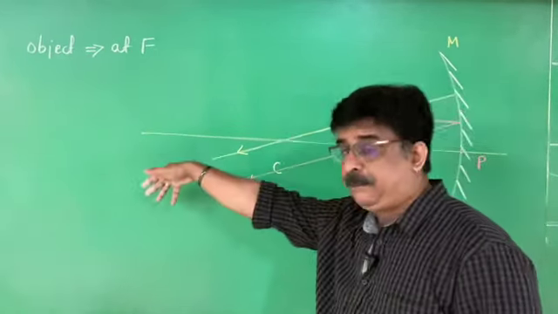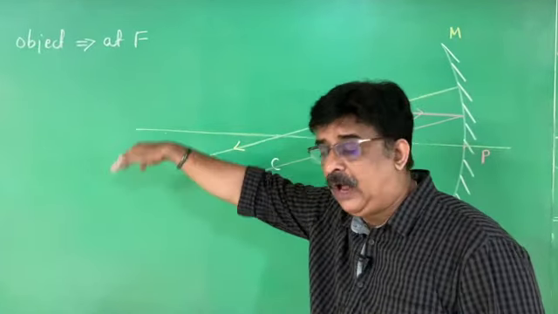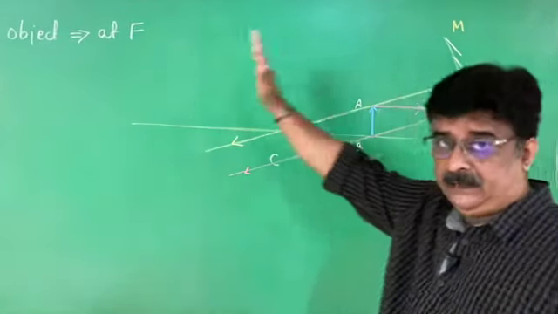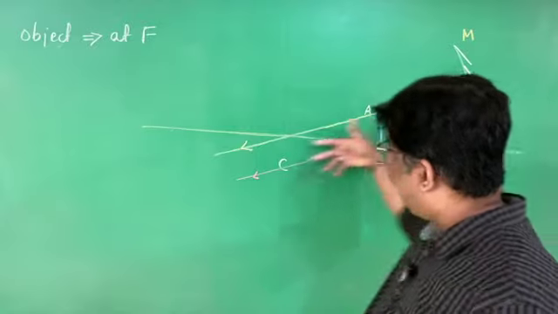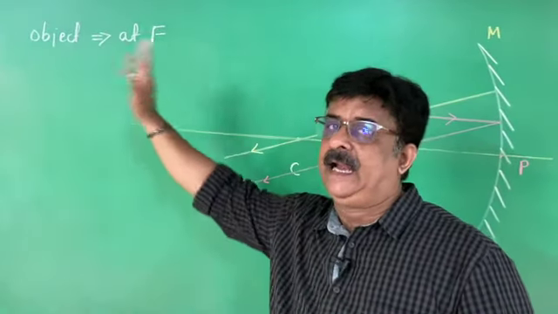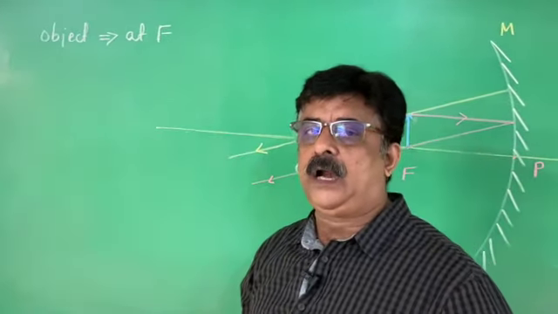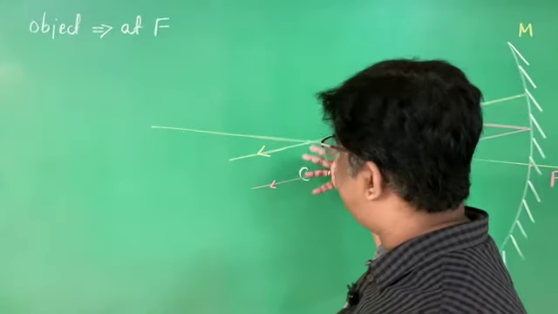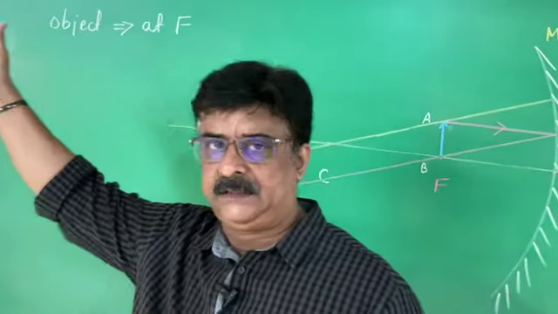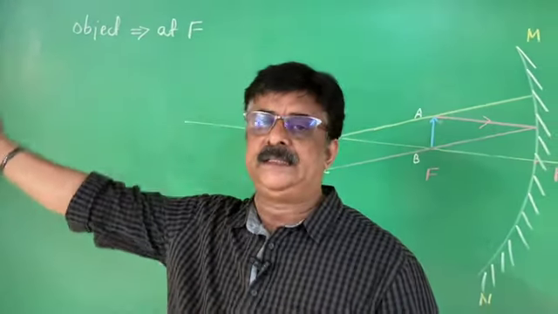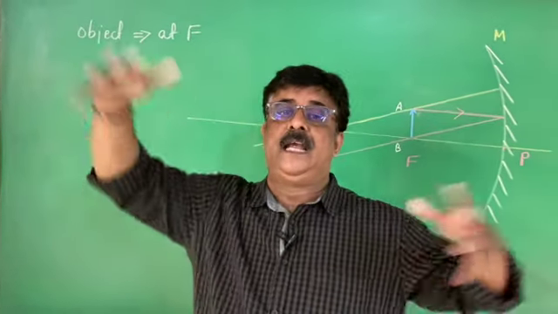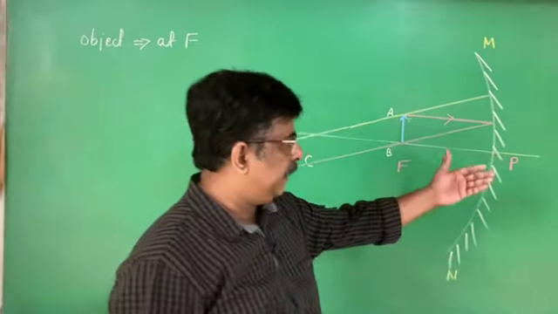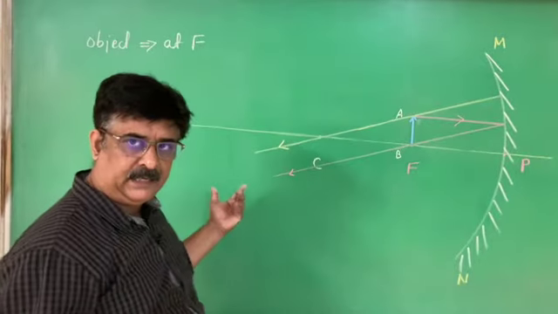That infinite position where the image is going to form is in front of the mirror. The rays are moving in front of the mirror. Therefore, it is a real image. Real image means inverted image. Since it is going to fall at a very far distance, infinite distance, we consider it an enlarged image. The image is real because it is in front.